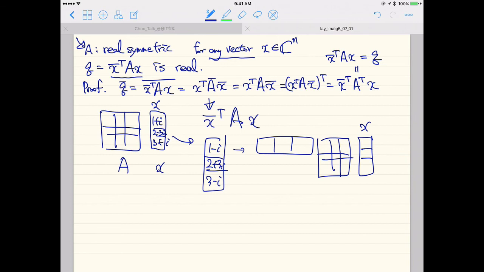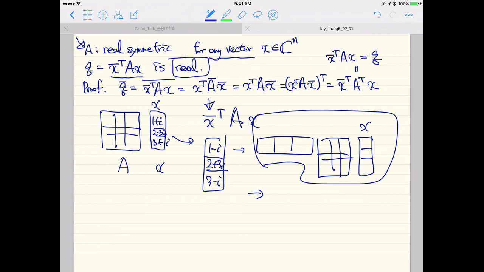If you multiply this out, first of all, the result will be a scalar, right? It's not a vector or a matrix, it's just a scalar. And that scalar is always real. That is the point.